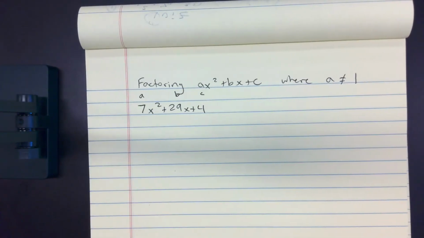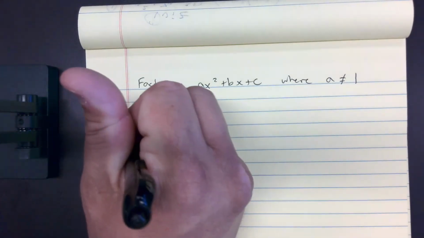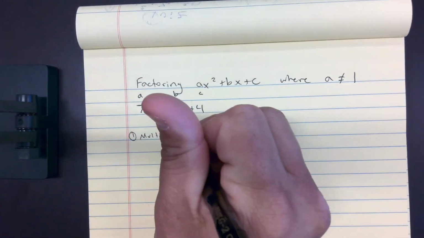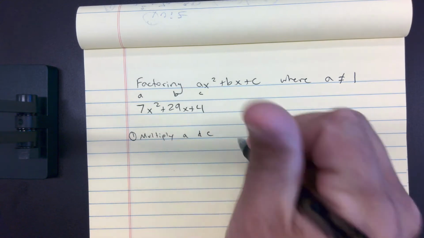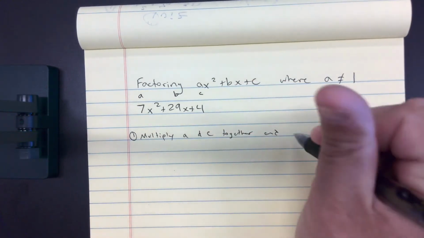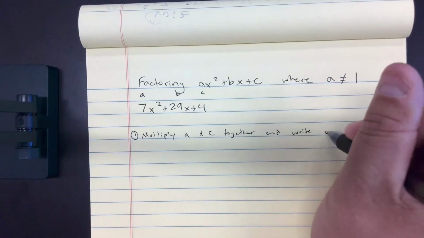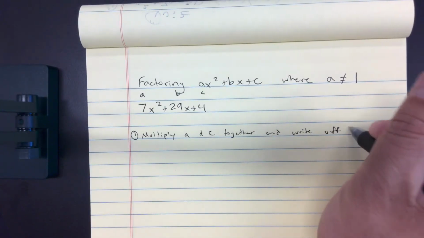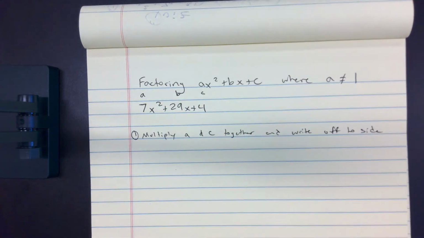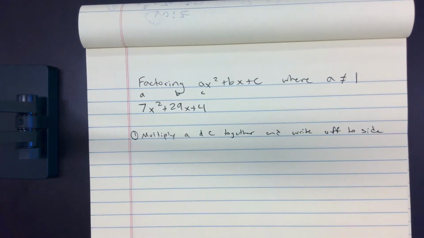Okay, step number 1. Multiply a and c together and write it off to the side. So multiply a and c together.